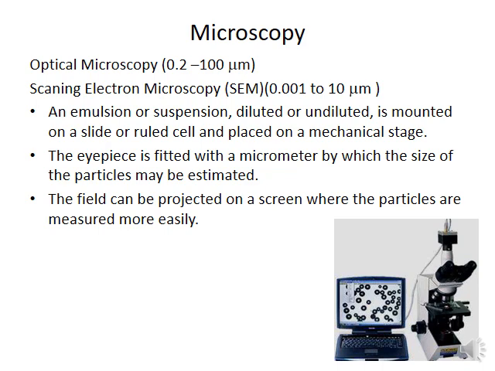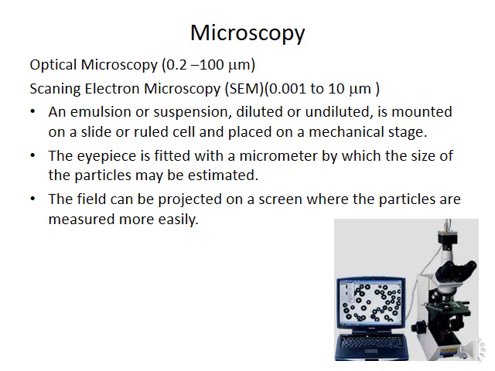Regarding microscopy as a method for determination of the particle size, we have optical microscopy and scanning electron microscopy. Optical microscopy covers the range from 0.2 to 100 micrometers, while scanning electron microscopy covers 0.001 to 10 micrometers. Emulsion or suspension is usually mounted on a slide and placed on a mechanical stage.